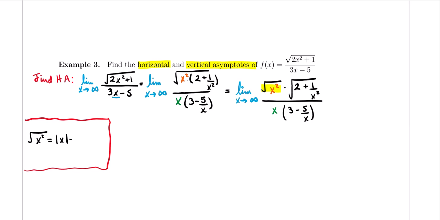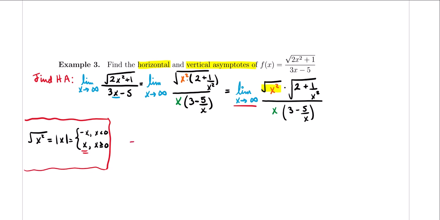Well, we saw in class that the absolute value of x is the same thing as the piecewise function where we have a negative x if x is less than 0, and it behaves as an x whenever x is greater than or equal to 0. So, how is this going to come into play in our problem? Well, right now, since I'm taking the limit as x approaches positive infinity, we're going to be taking values of x that are greater than 0, so it's going to be behaving like the positive value for x.